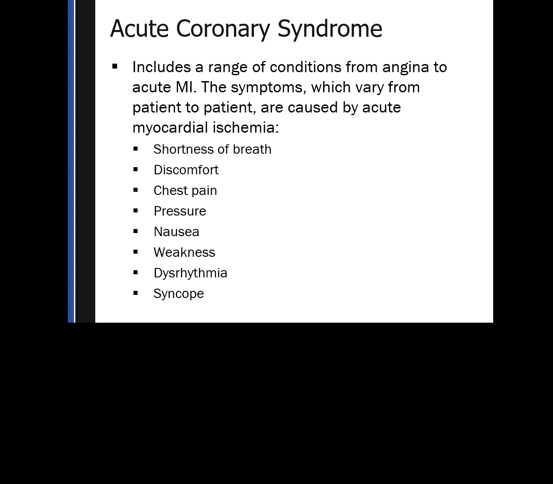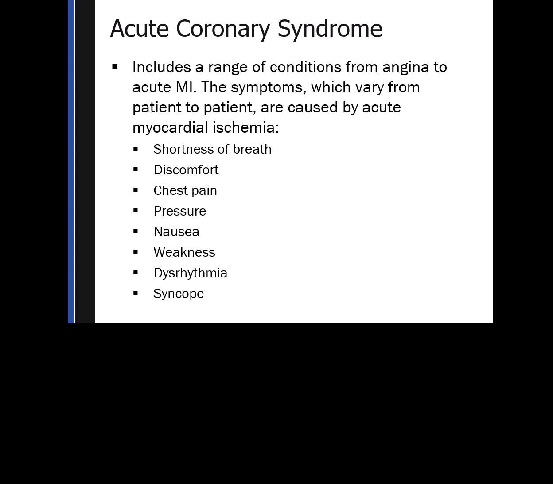Myocardial. Heart muscle. Infarction. Death of tissue. So this is a sudden onset of death of tissue of the myocardial, myo, muscle, cardial, heart, tissue, okay? It's a heart attack. We use proper terminology in here.